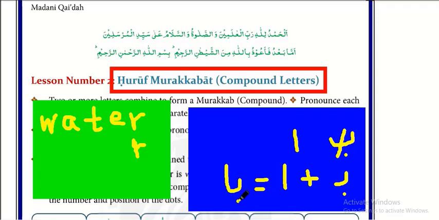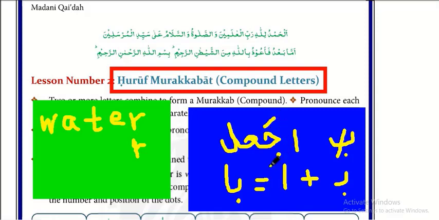So now here we have joined two letters together, and in the same way we can join more than two letters. For example, the word ja'ala. Now here we have joined three letters together. The first one is jim.